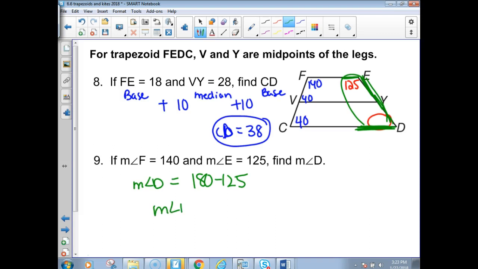And that gives me the measure of angle D is, no, not 100, it'd be 55, right? Okay. The 140 would have been to help us find other angles, not the one we needed.